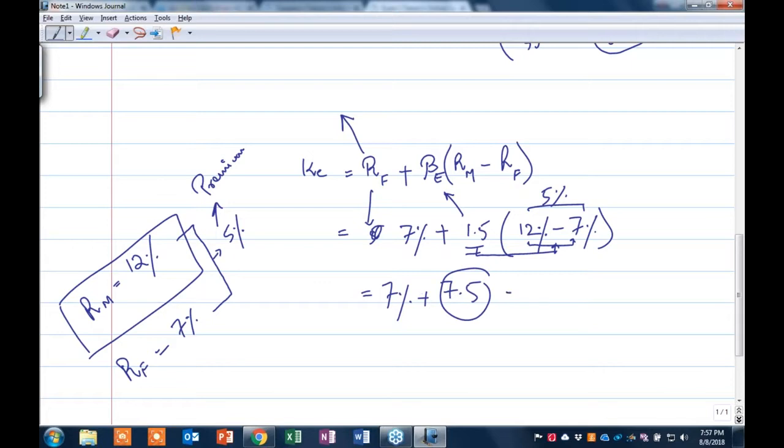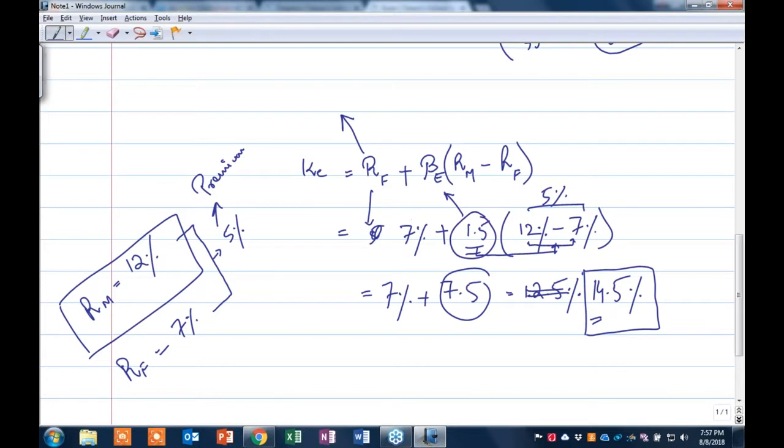So 7.5 plus 7% will give us, sorry, 14.5. So the expected return from this company predicted by the cost of equity CAPM model will be 14.5%. Now, through this equity beta, we are adjusting the project specific risk.